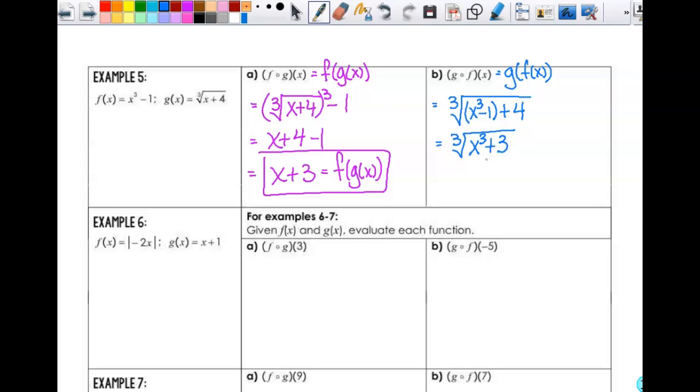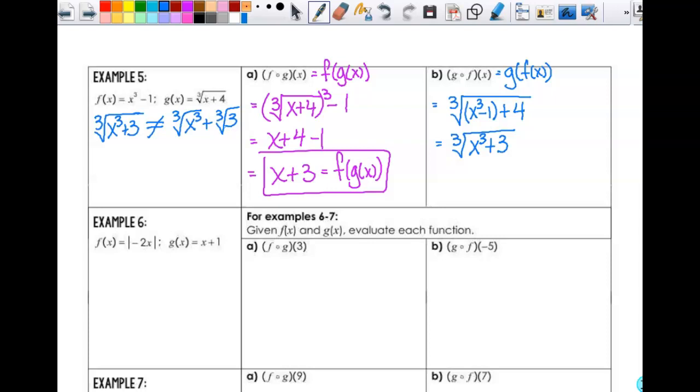Okay, so I want to make sure that you understand this. The cube root of x cubed plus 3 does not equal the cube root of x cubed plus the cube root of 3. You cannot split them up like that because you can't add what's underneath there, right?